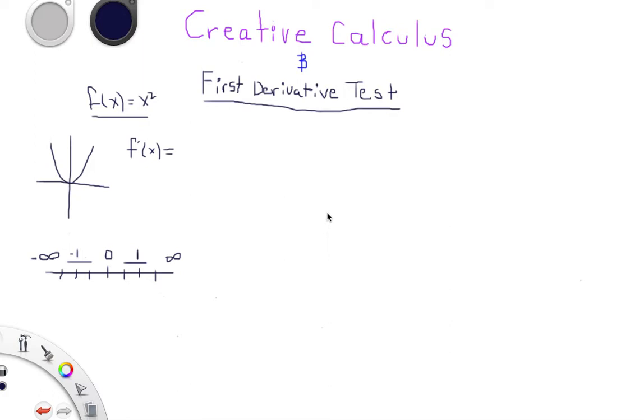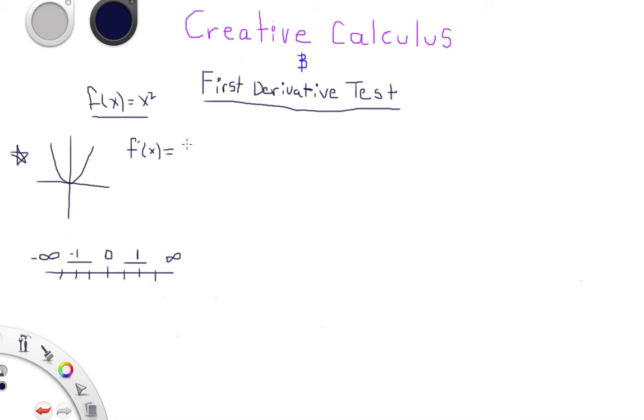So, step one of the first derivative test is to find the derivative of your function. The function we're working with is x squared, as you can see, and this little graph over here is the graph of x squared.